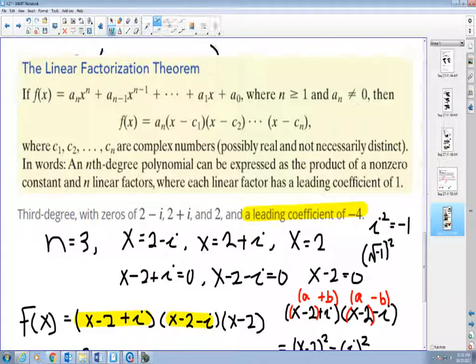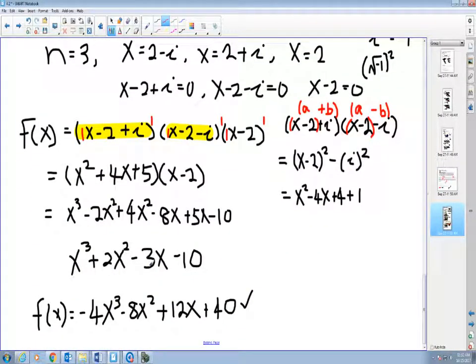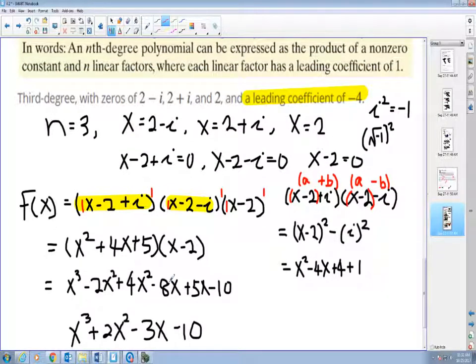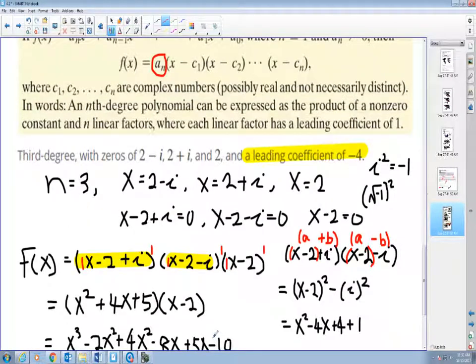Linear factor here means these exponents outside the factor are 1, and all the coefficients are 1, because I actually took the a sub n to the very outside. So for this problem with the leading coefficient -4, I just multiply -4 back into my polynomial to come out with the actual polynomial for the answer.